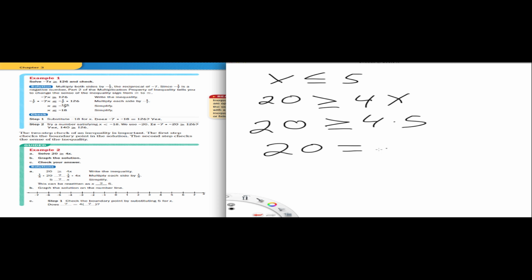The original inequality was 20 is greater than or equal to 4x. So now we want to see whether it's true that 20 is equal to 4x, so is greater than or equal to 4 times 5, and 20 is indeed equal to 4 times 5, and it's greater than or equal to it also. So my boundary checks. So that's my first check.